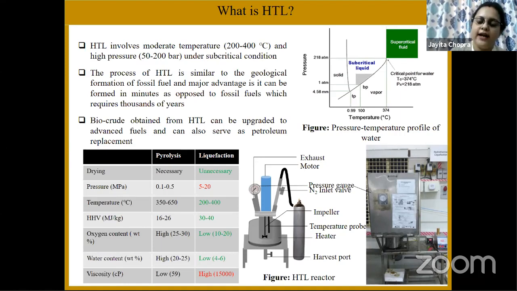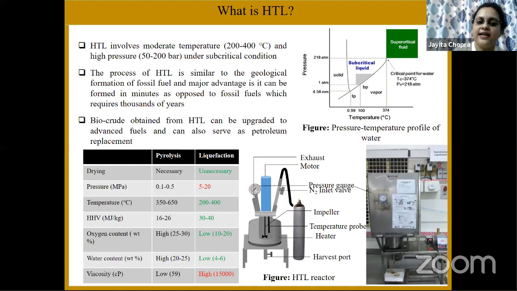What happens in hydrothermal liquefaction is the depolymerization of the different fragments inside the biomass, like the proteins and carbohydrates, which then repolymerize to form a more homogeneous kind of compound, the biocrude, and it can be upgraded to advanced fuels. There are two conventionally used thermochemical processes, pyrolysis and liquefaction, and liquefaction has certain advantages over pyrolysis.